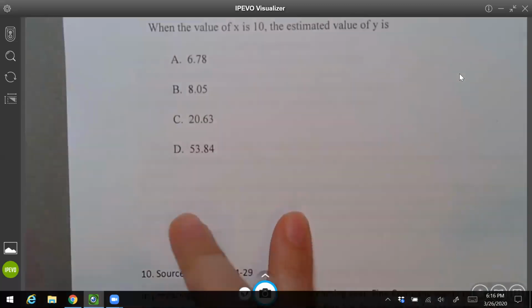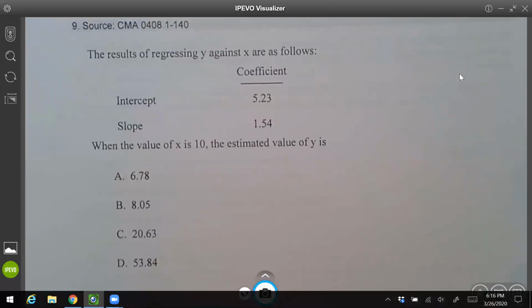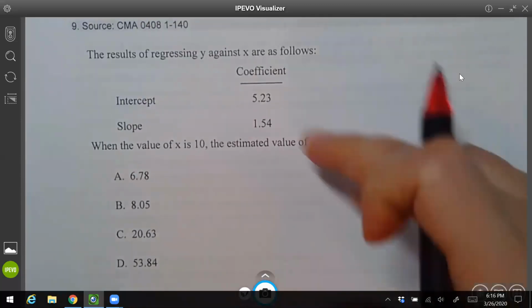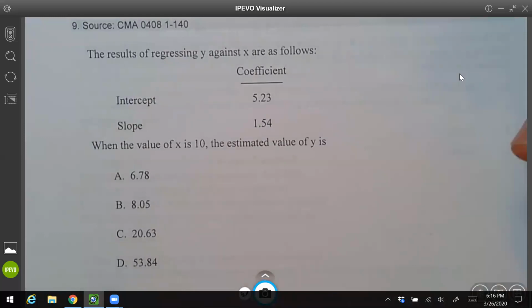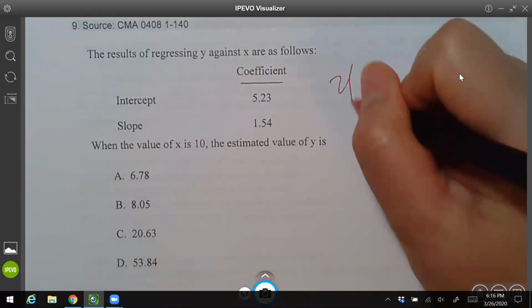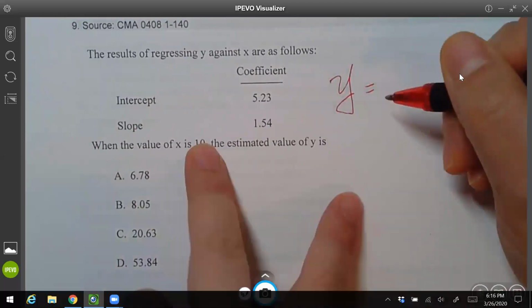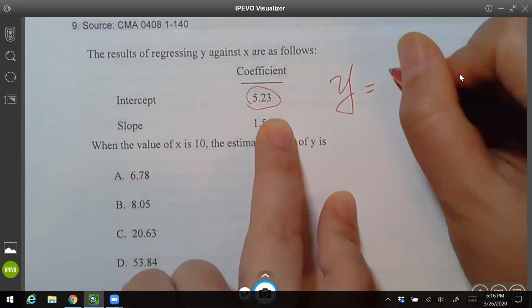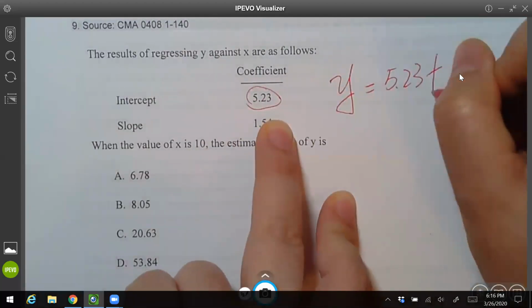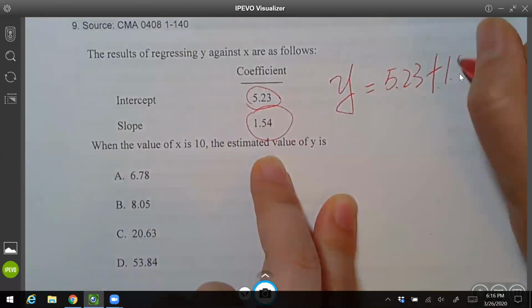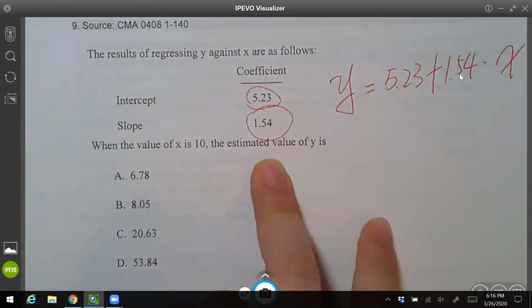Okay, next one. We are almost done. Question 9, a CMA question. You have this output. The first thing you want to write is the regression equation: y equals intercept 5.23 plus coefficient 1.54 times x.